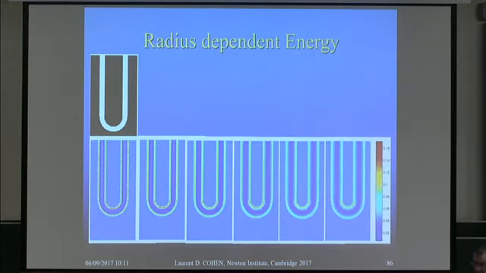Here you see what the radius dependent energy looks like on a very simple shape, a U shape. The radius dependent energy means that for each value of the radius r, you have a potential P of x, y, which is defined.